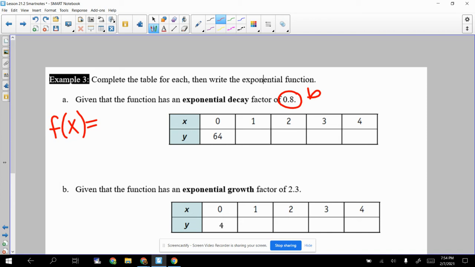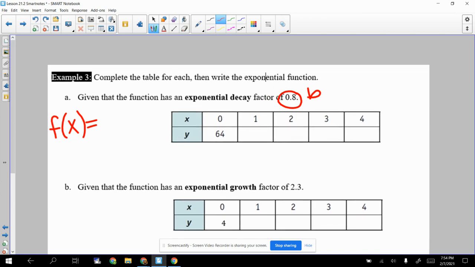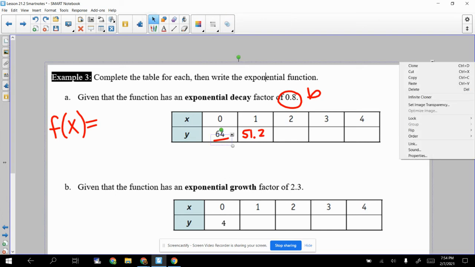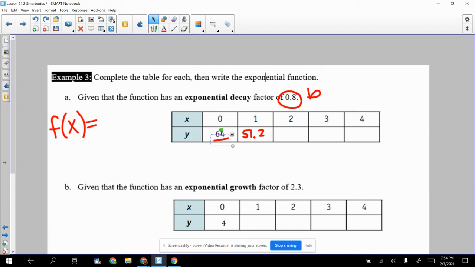And then what we're going to do is just take whatever that first term is and multiply it by that 0.8. So 64 times 0.8, this is where you'll need your calculator, is 51.2. And then you would just continue to multiply that term by 0.8. So 51.2 times 0.8, you should be getting 40.96.